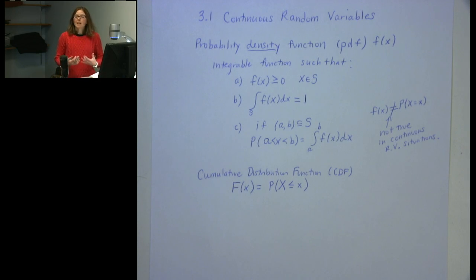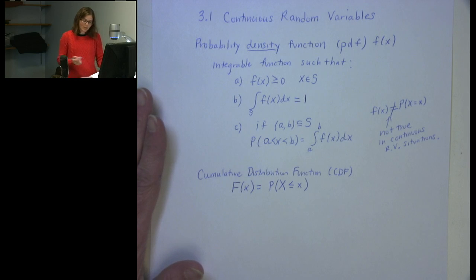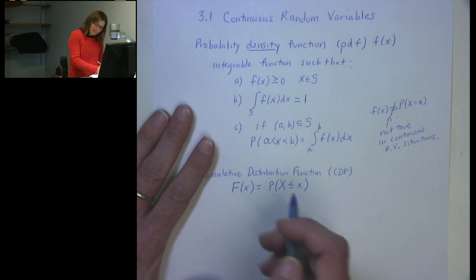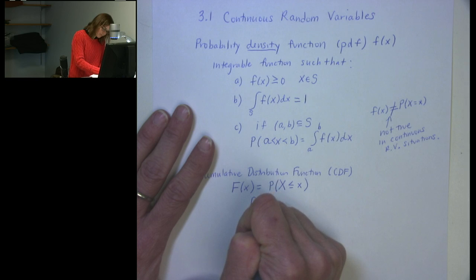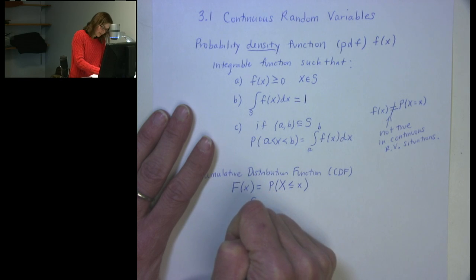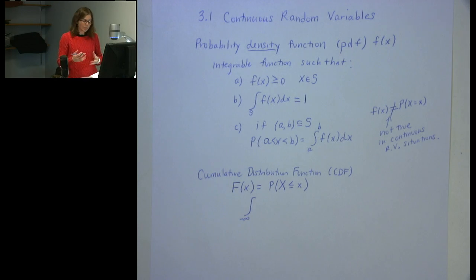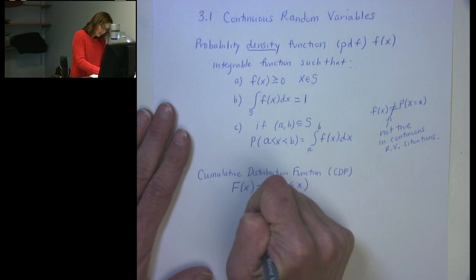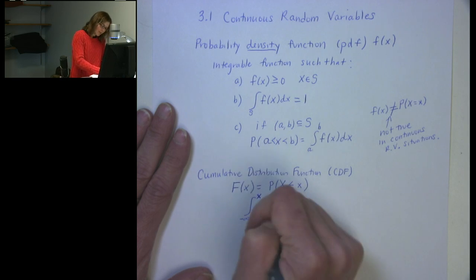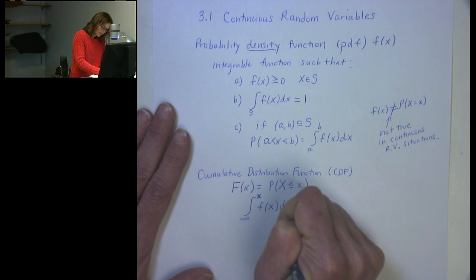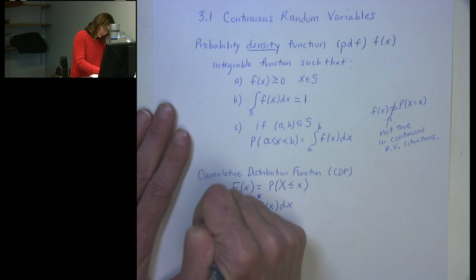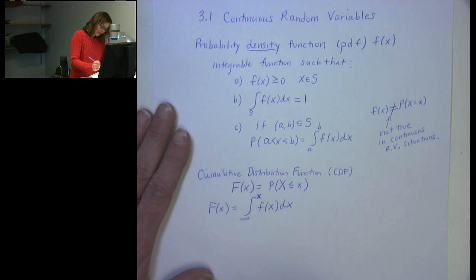We do have this same idea of a cumulative distribution function with continuous random variables, but the way that we find it is we integrate from the smallest value in the support. I'm going to put negative infinity in there, but really it's whatever the smallest value in the support is, up through our x value. We integrate our probability density function, little f of x, with respect to x, and that is going to give us the value of capital F of x.